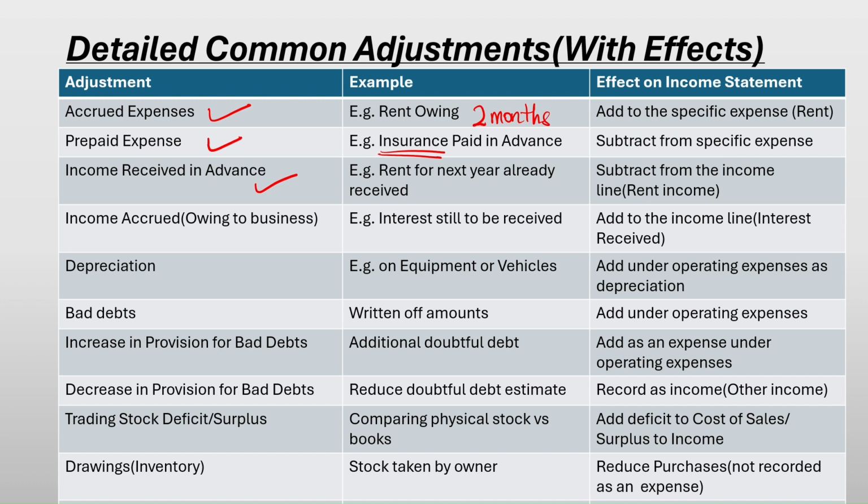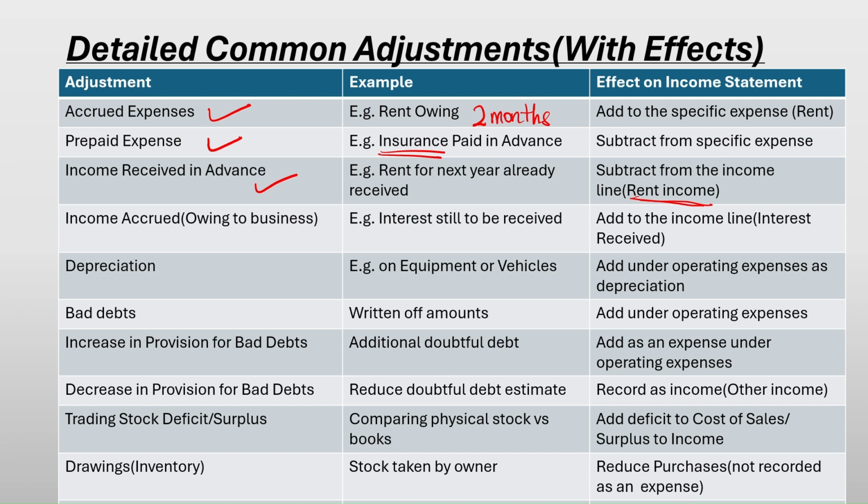We're only dealing with income for this year, not next year. So what are we going to do in the income statement? We are going to subtract from the income line. We subtract that amount from our rent income, because we have more rent income than we are supposed to have, right? So if our rent income was 12,000, and that person paid maybe 2,000 extra, which was supposed to be for next year, we are supposed to subtract that 2,000.